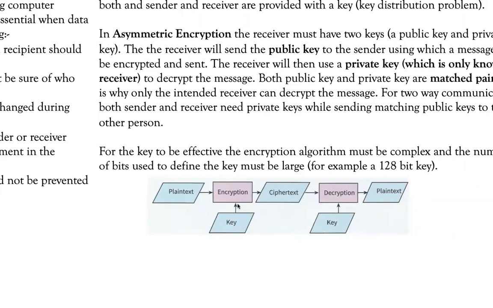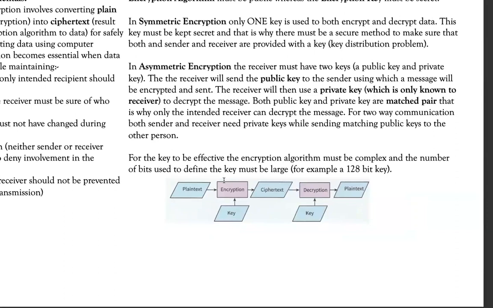Plain text and the key are given as inputs to the process of encryption, which results in an output of ciphertext. On the receiving end, my receiving computer takes the ciphertext as an input, and the key is applied to the process of decryption, coupled with the ciphertext, and the resulting output of this procedure is known as the plain text.